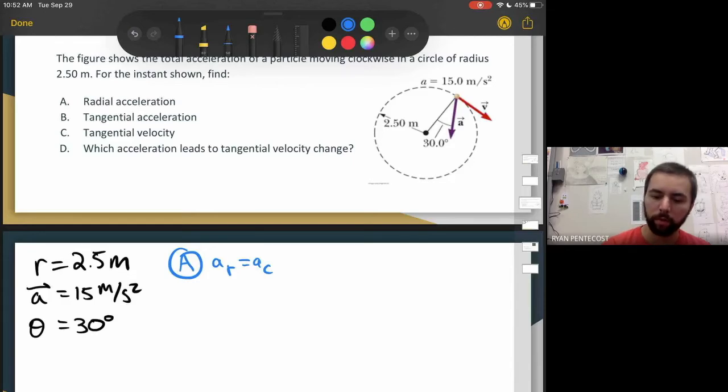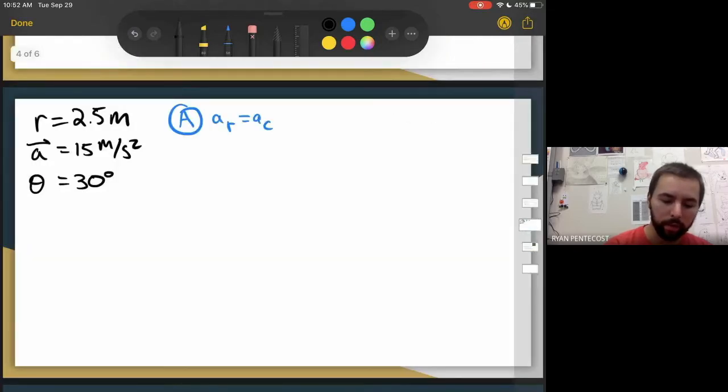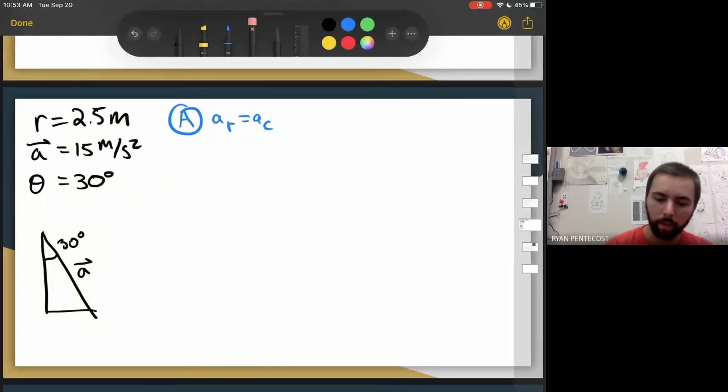So let's draw this triangle real quick. That was the radius. The hypotenuse comes off there at 30 degrees. And bingo bango, there we have our triangle. That's a right angle.